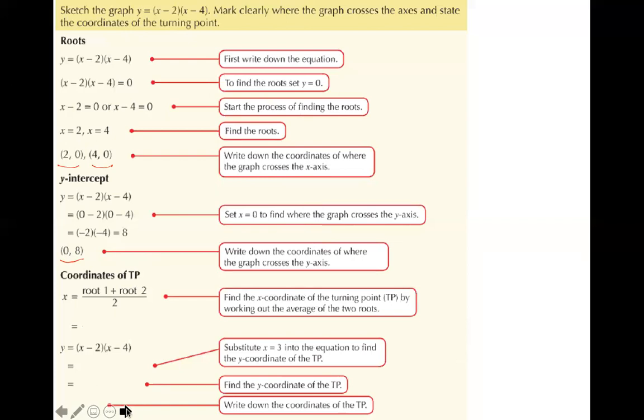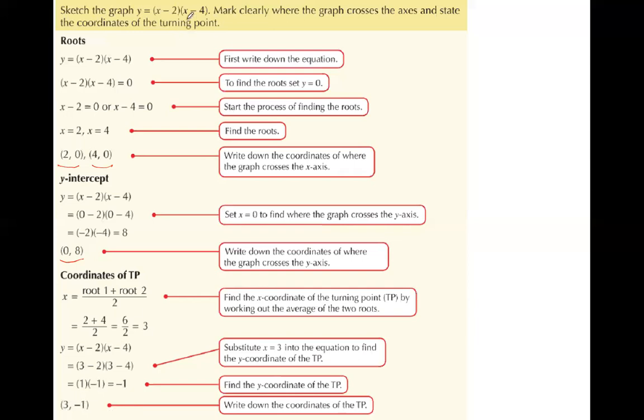So 2 plus 4 is 6. 6 divided by 2 is 3. And now when x equals 3, you sub that into x minus 2 times x minus 4, and you've got y equal negative 1. And the last point is this one, the coordinate of your turning point.